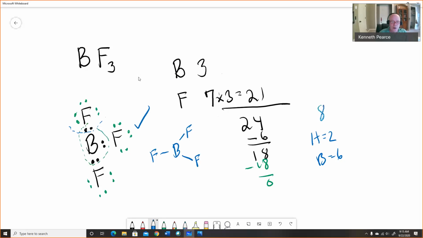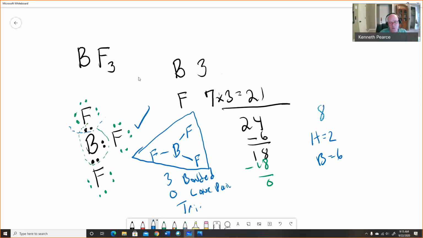We can sketch this out like this. And if we look on our table of geometries with 3 bonded, no lone pair, this is actually a triangle that sits in the plane, and so we call that trigonal planar for its molecular geometry, the shape that it would actually have.